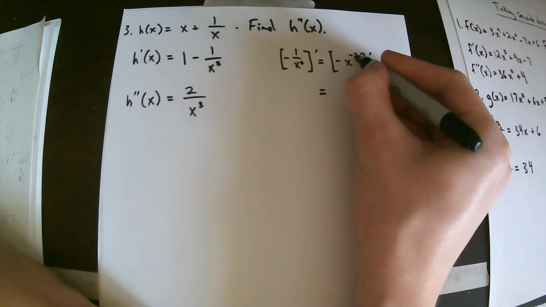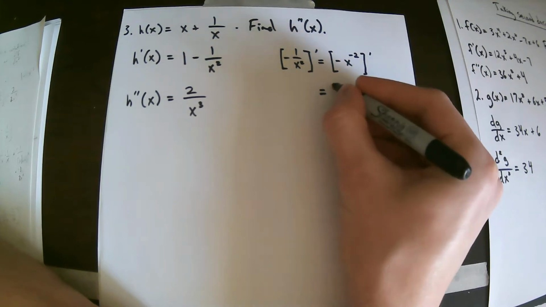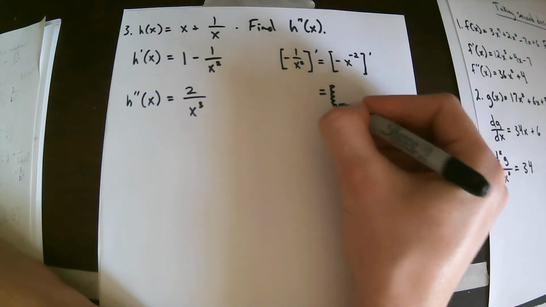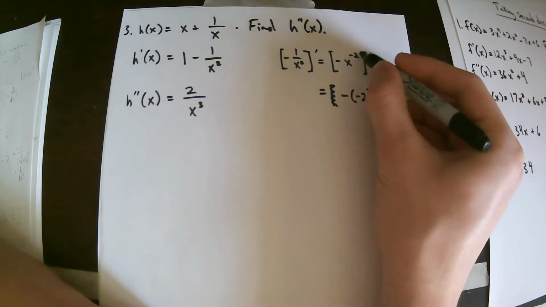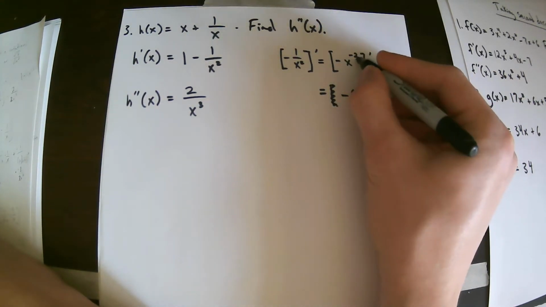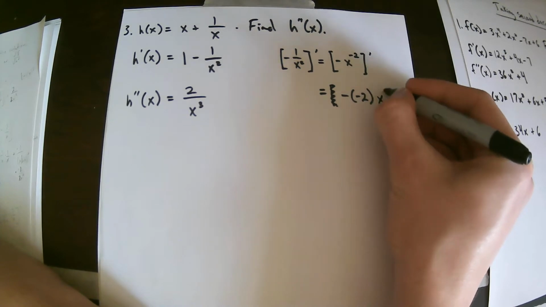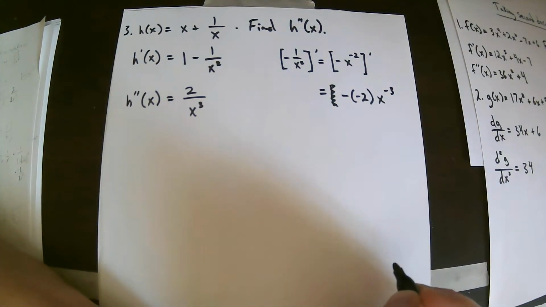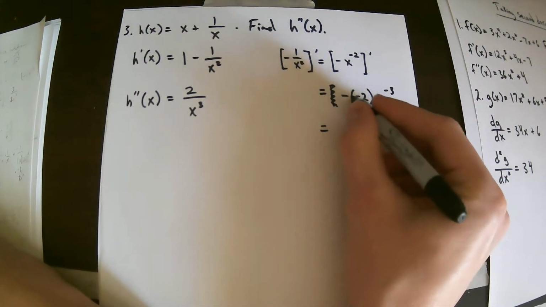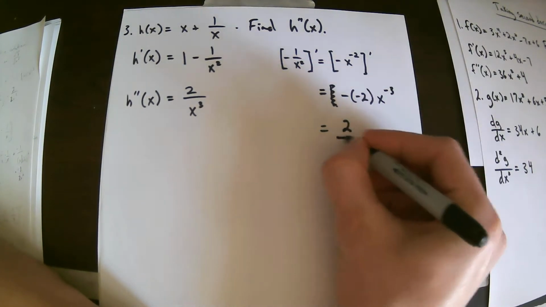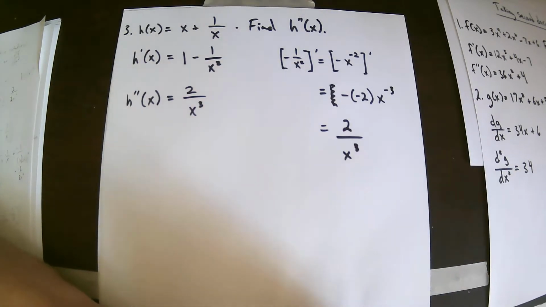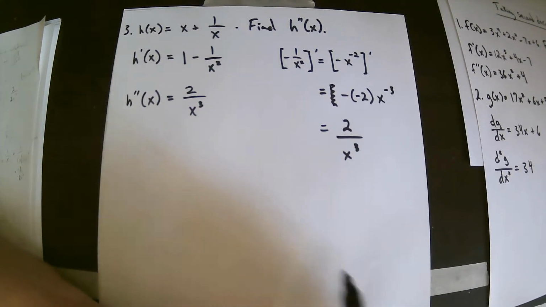Then I would drop the negative 2 down, so I'd have negative of negative 2. Now I'm taking the derivative, dropping that negative 2 down, and taking the power down by 1 would take me to a negative 3. Negative, negative cancels, that leaves me with a 2, and x to the negative 3 means x to the third in the bottom. So there we go.